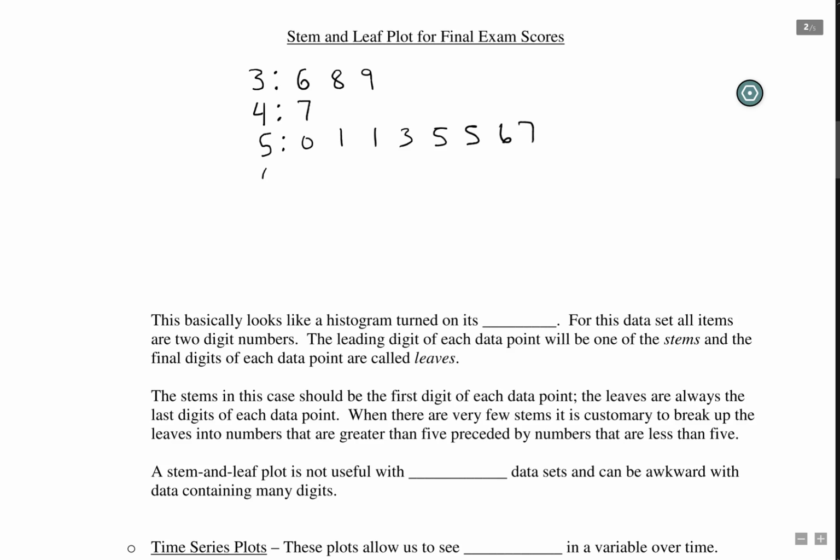In the 60s we had 60, 62, 63, 64, 64, 65, 66, 67, 68, and 69. Again, you'll want to look back at that data to verify that this is how you would create the stem and leaf plot.